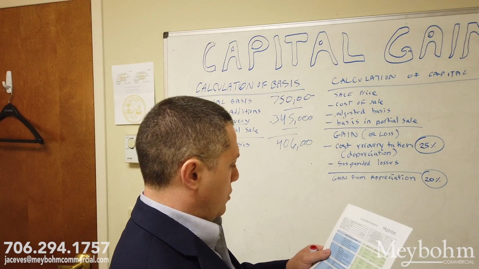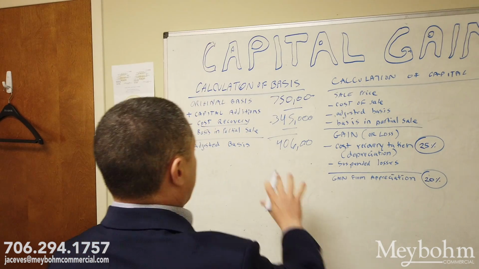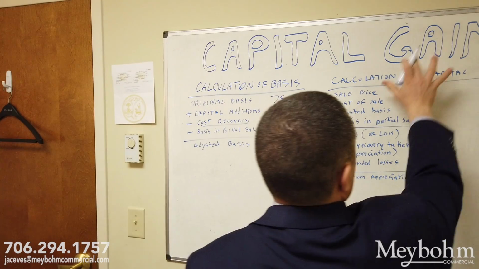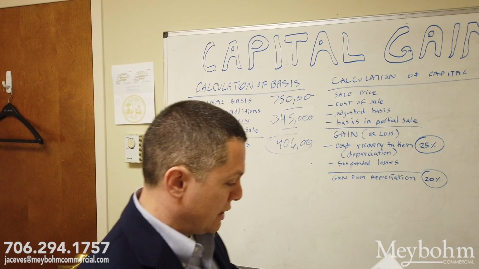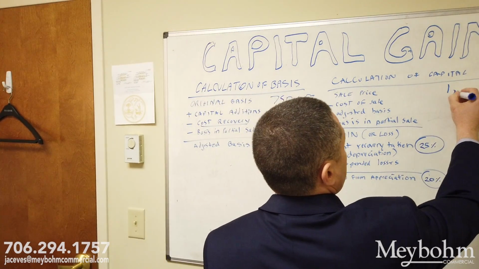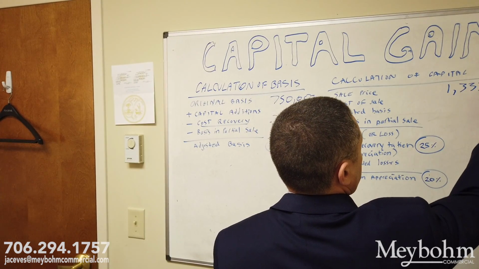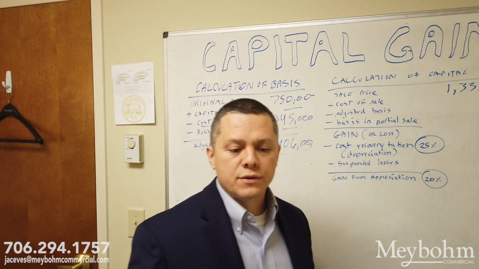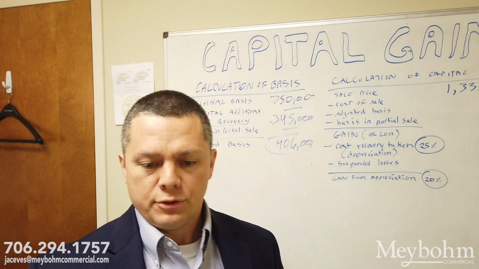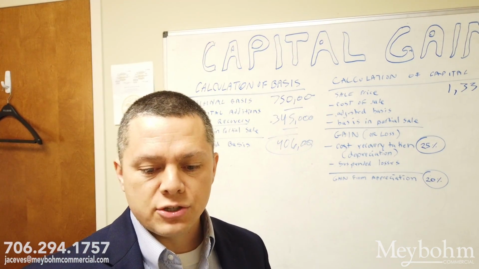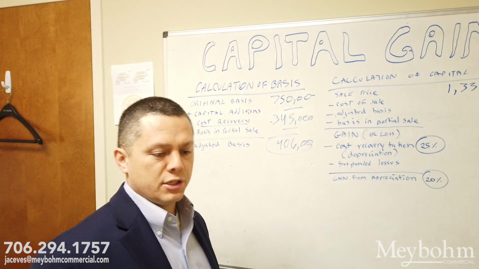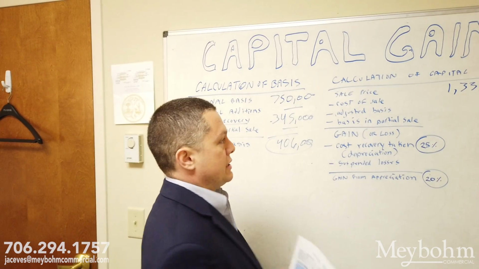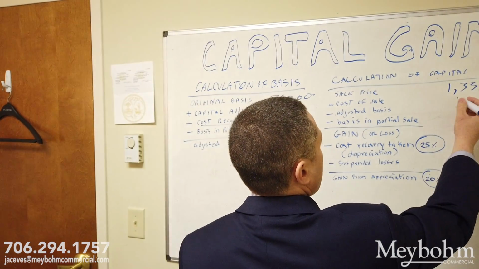So then we calculate the gain. Once we've got this basis, we kind of know what we're working with. We go over here to calculate what your actual capital gain is. In this one, we take a price of $1,333,000, and then we take the cost of sale. Cost of sale would be any fees to transact, usually brokerage commissions, legal fees, maybe surveys, anything else like phase ones.